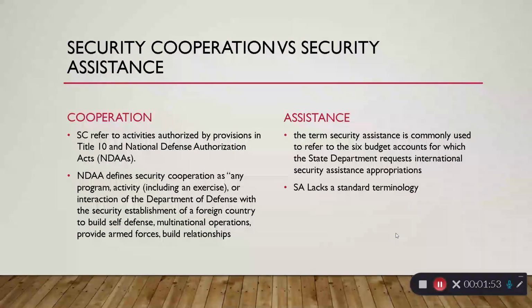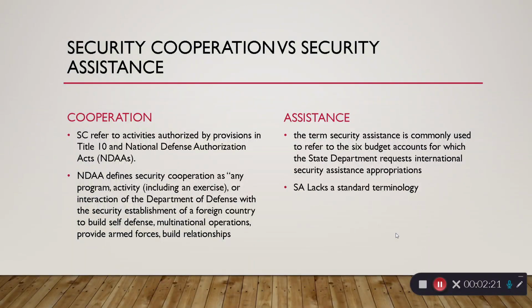They define security cooperation as any program or activity, including any exercise or interaction of the Department of Defense with the security establishment of a foreign country to build self-defense, multinational operations, provide armed forces, and build relationships. If that sounds pretty broad to you, I tend to agree. It's a pretty broad term.